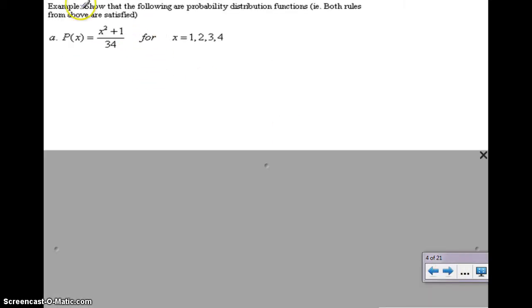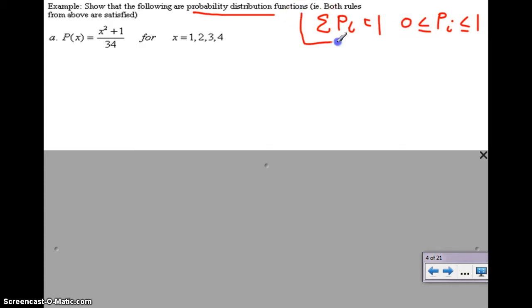So for example, we want to show that this is an actual probability distribution. Remember, the two pieces that it has to satisfy are that when you add up all your probabilities, you have to equal 1, and also each of the probabilities by itself is between 0 and 1. Those are the two pieces that we're trying to satisfy when we're asked to prove that this is a probability distribution.